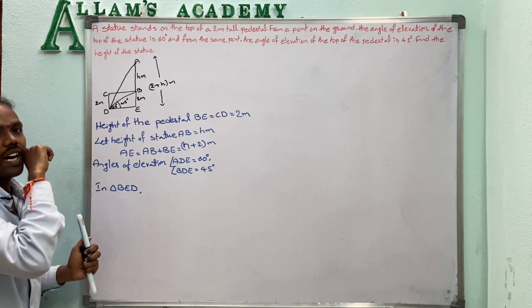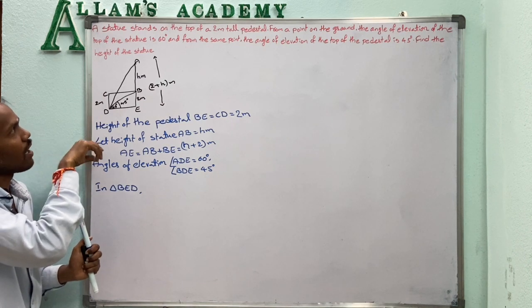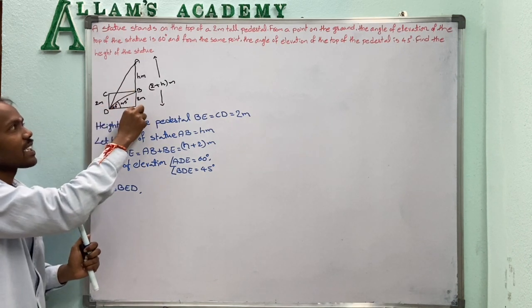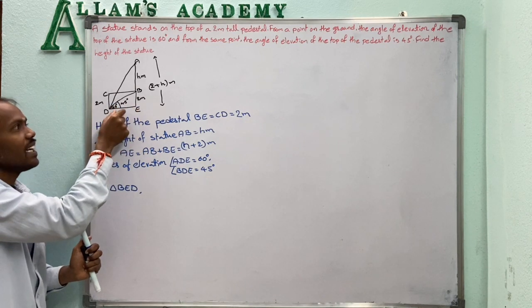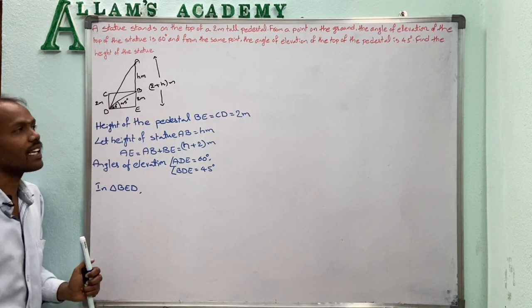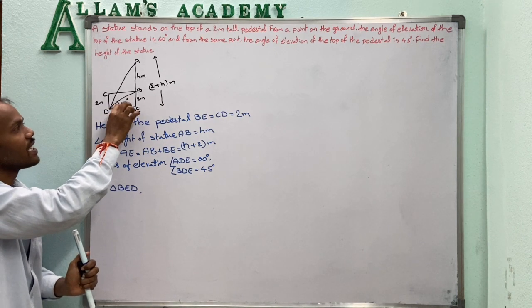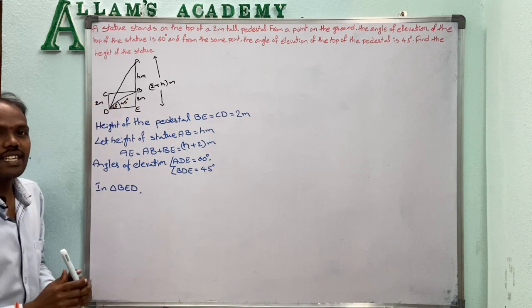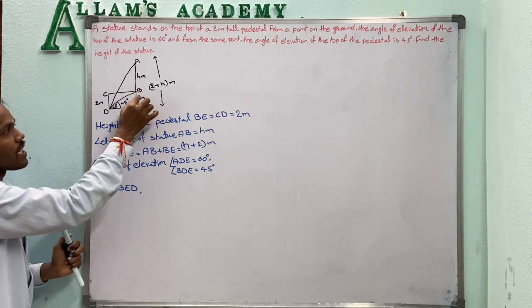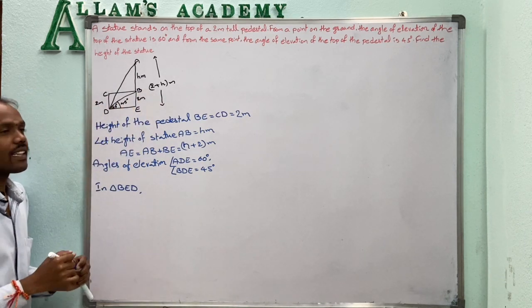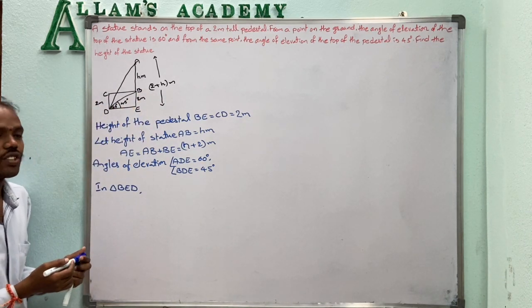In the ADE triangle and BDE triangle, it has the same base DE, for that purpose DE is taken. Now DE is adjacent to 45 degrees, so opposite side by adjacent side is given by the trigonometric ratio tan theta.